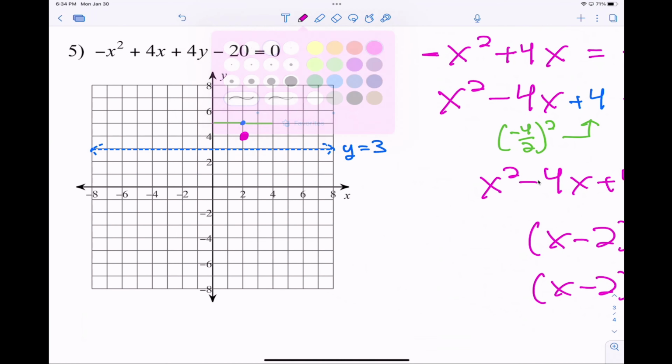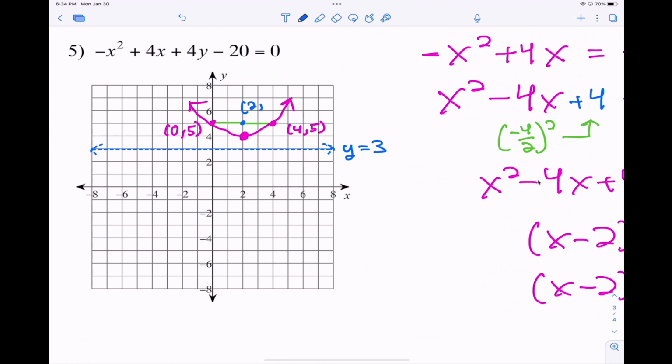So if I place these points, one of them at 4, 5, it looks like, the other one at 0, 5, that'll give me a good start for what my parabola looks like. With my vertex at 2, 4, my directrix at y equals 3, and my focus at 2, 5.